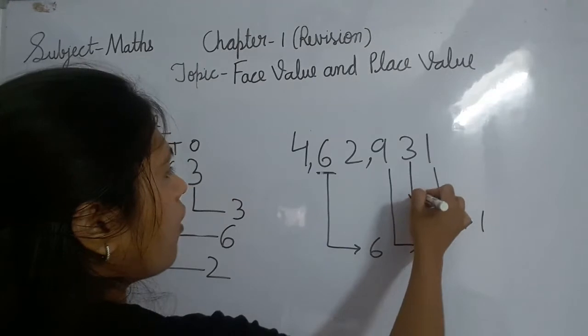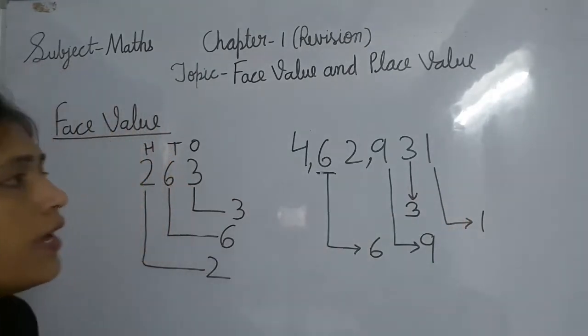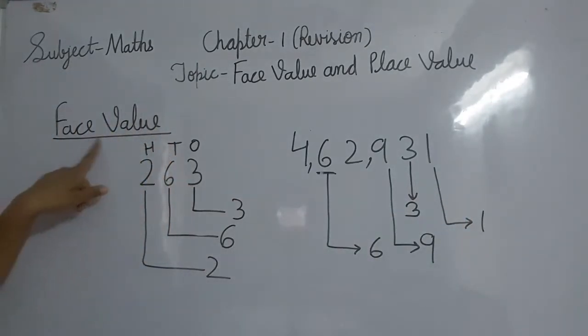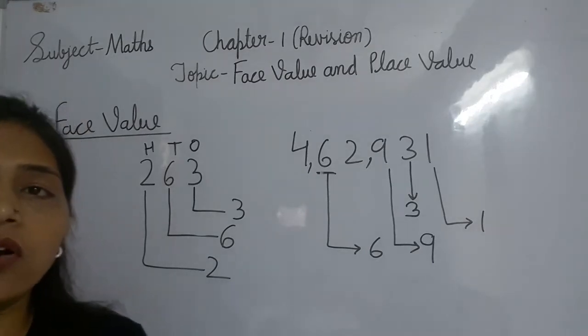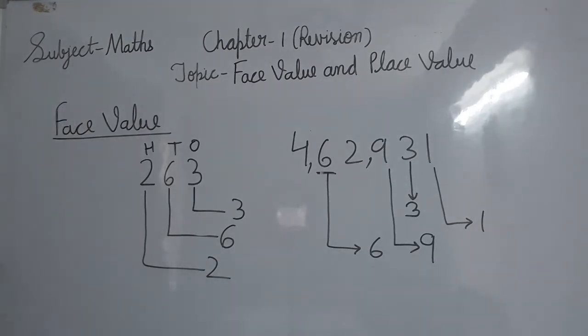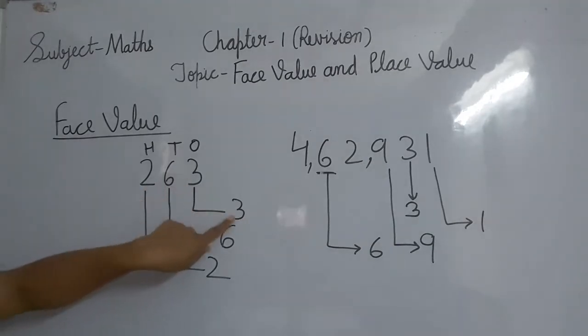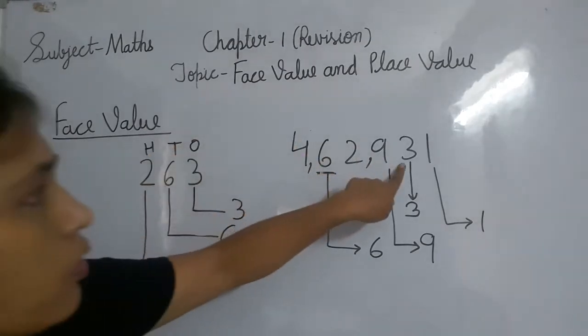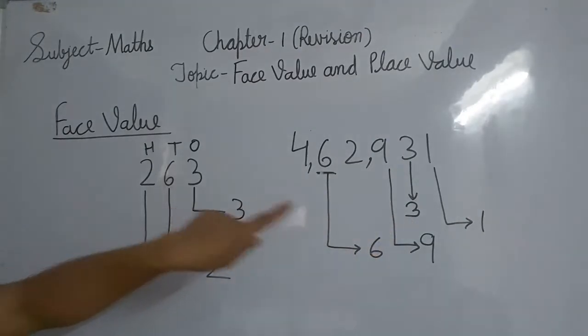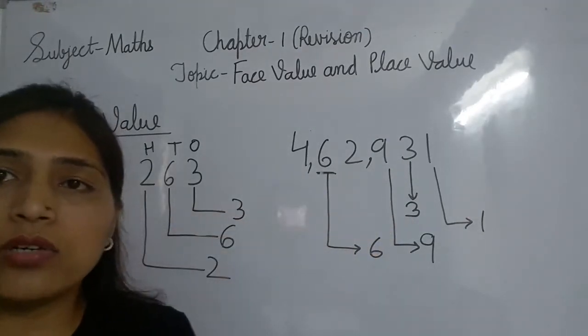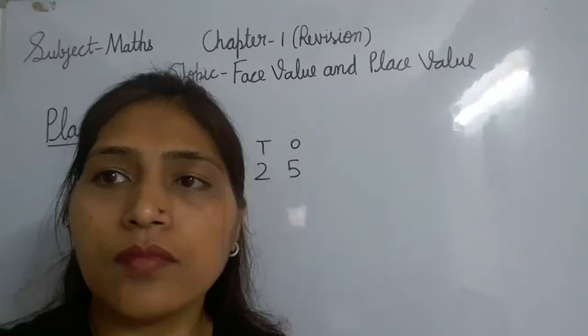The face value of 3 is 3 only. Clear? So what is the meaning of face value? Face value means the number itself. Whatever is the number, that is the face value of that number. If 3 is looking like 3, the face value of 3 is 3 always. Either the 3 is on the 1's place or on the 10's place, the face value of 3 is always 3 only.